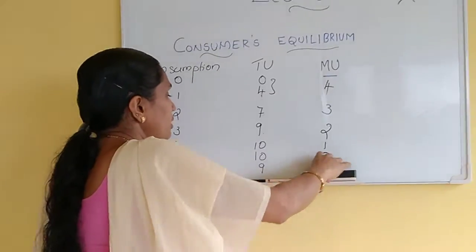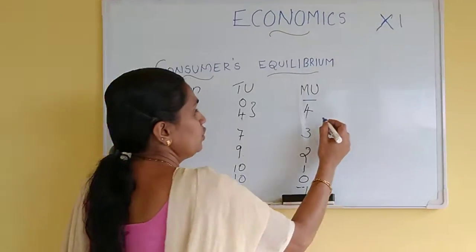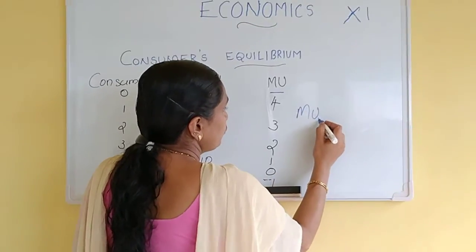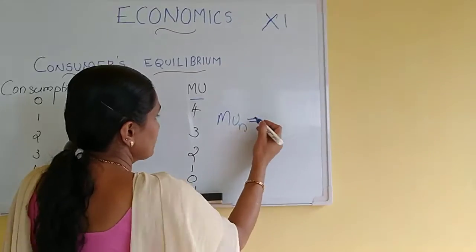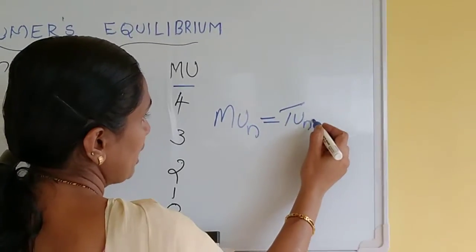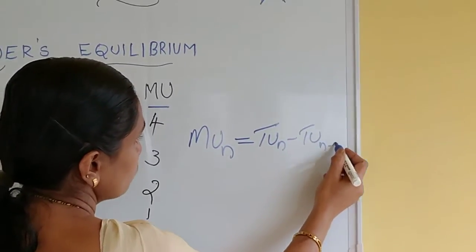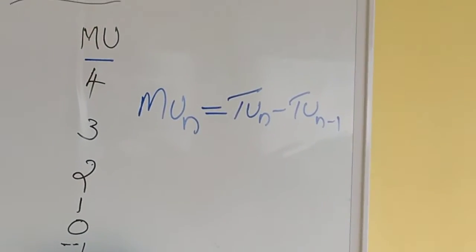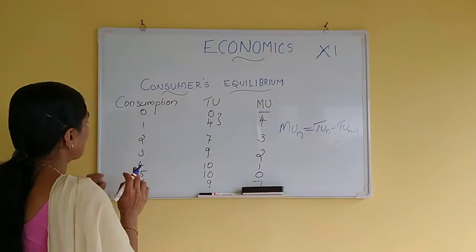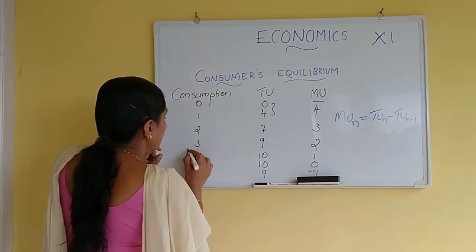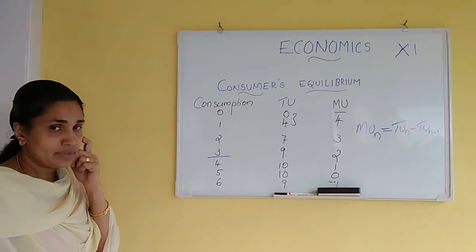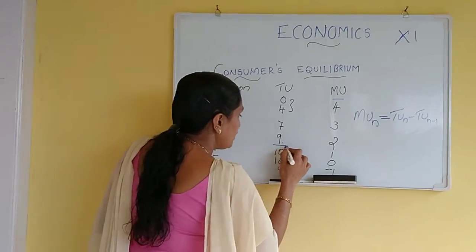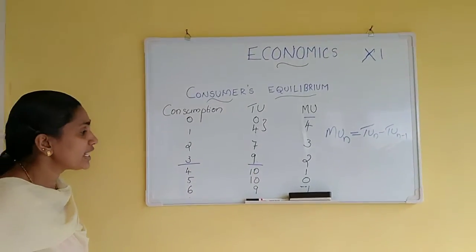There is a formula for calculating MU. Marginal utility of N, MU_N, is equal to TU_N minus TU_N-1. This is the formula for calculating marginal utility of a commodity. For example, we should calculate the marginal utility of the third unit of a commodity, and the total utility is 9. Then how can we calculate?